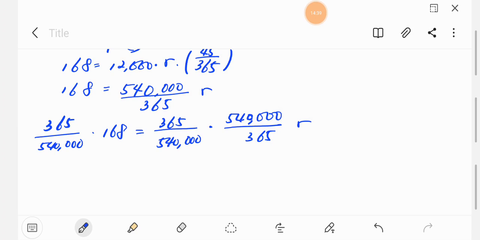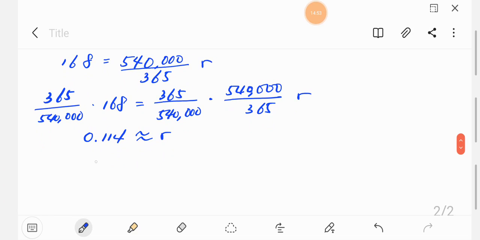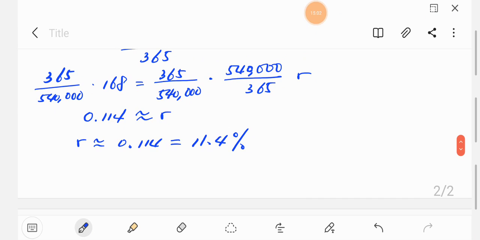Then these all cancel out. So on the left side, we can use the calculator, then the value of the left hand side is 0.114. So R is approximately equal to 0.114, which is equal to 11.4%, right? So the simple interest rate on this loan is what? 11.4%. Okay, so that's it for this section.